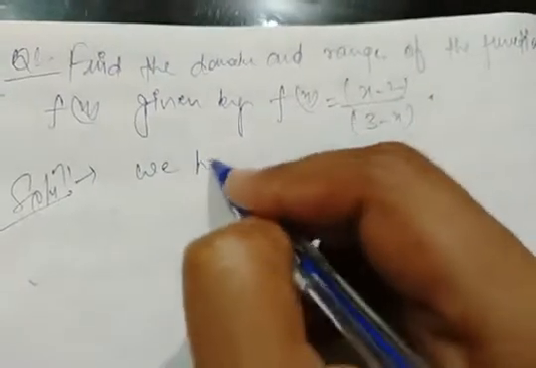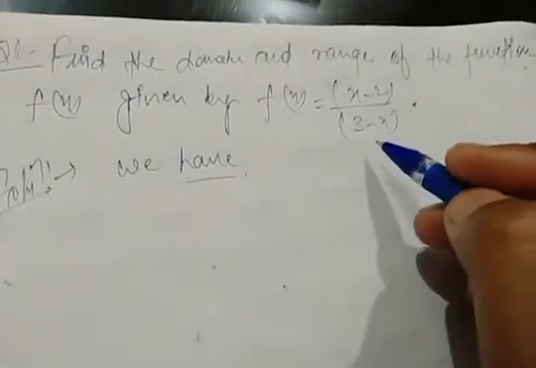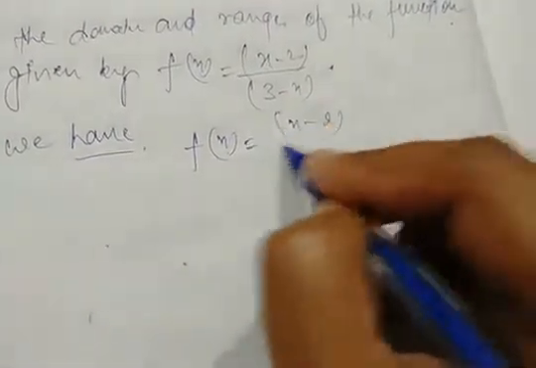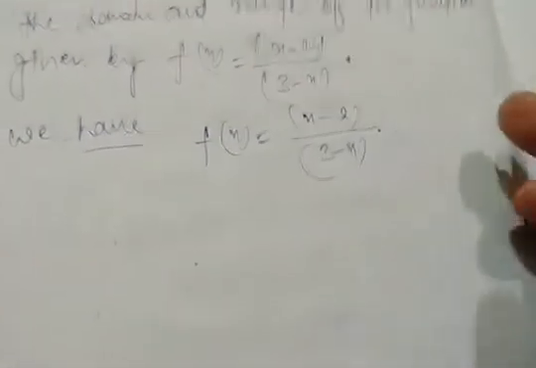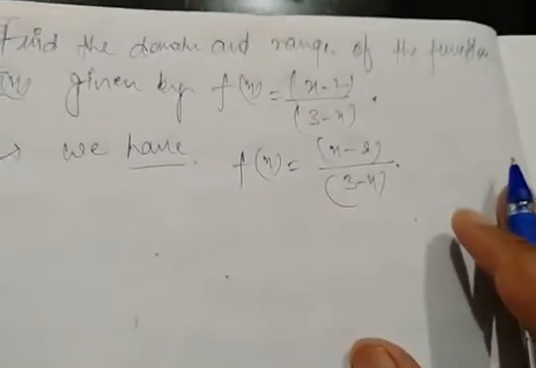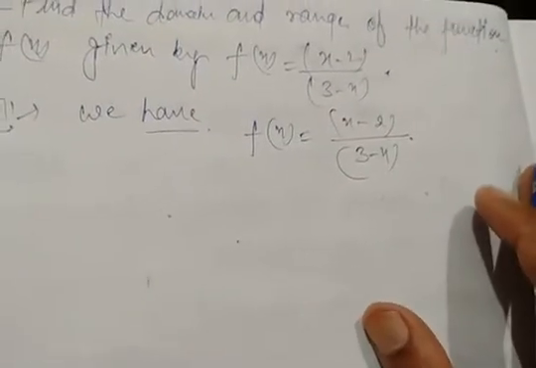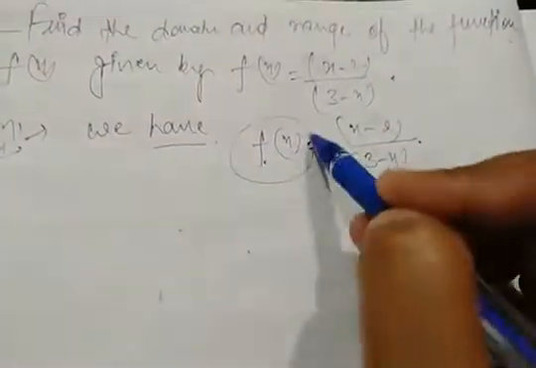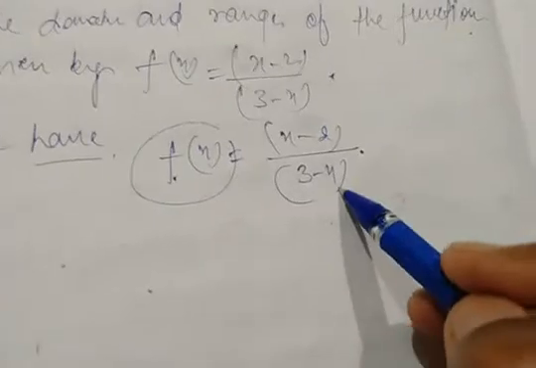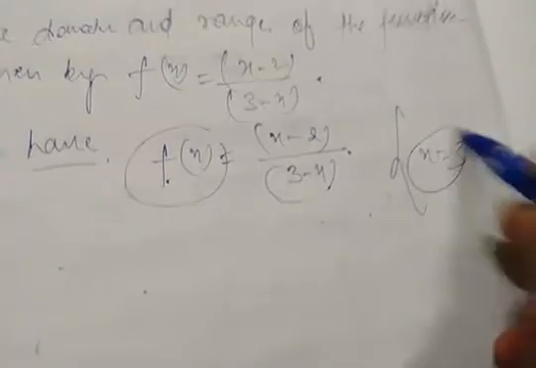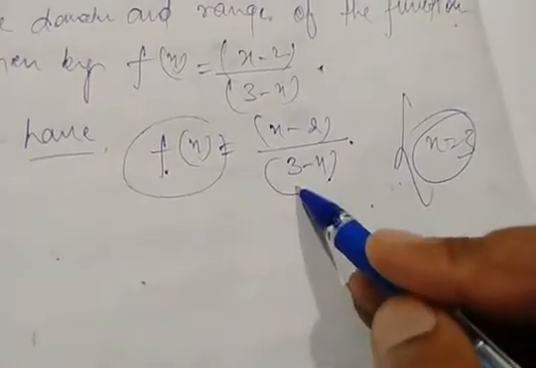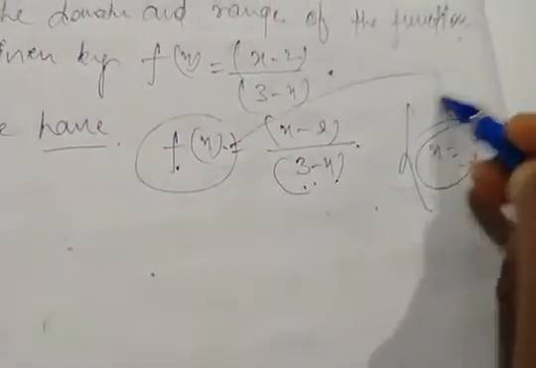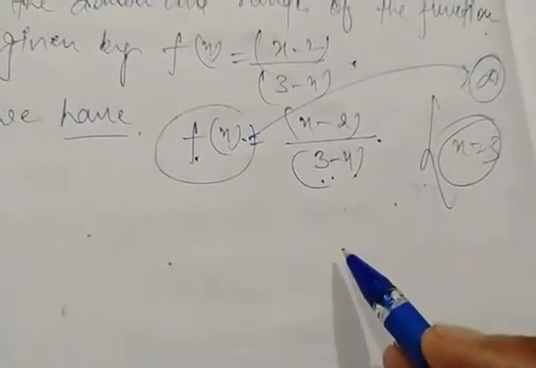First of all, we have f of x equal to (x minus 2) upon (3 minus x). First, we find the domain of the function. You know that the domain is all the values of x for which the given function f of x is meaningful. Suppose we put x equal to 3, then the denominator becomes 0 and the function tends to infinity, which is not defined.